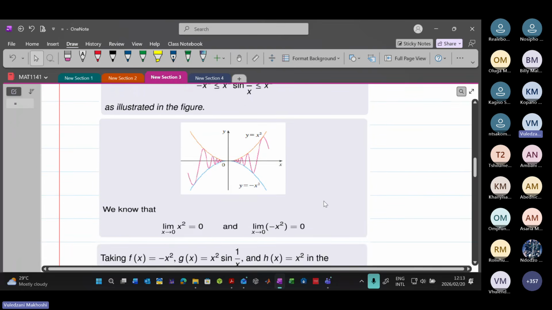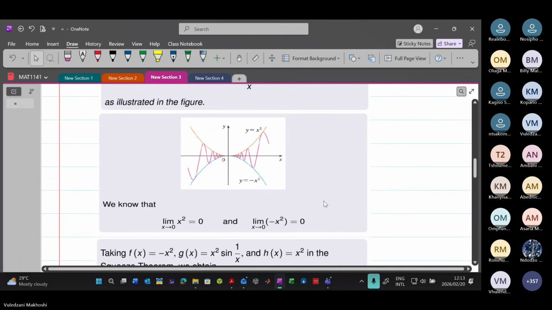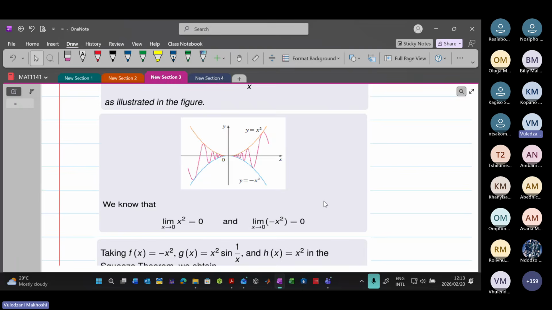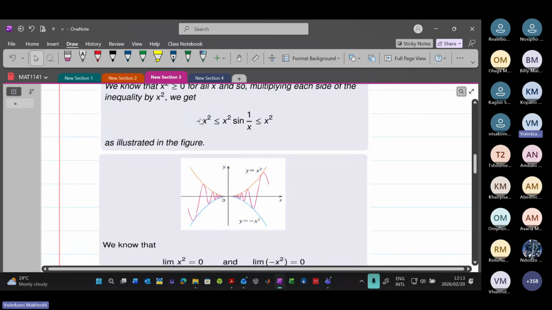After doing that, it is giving us this kind of a situation. In other words, we will talk of the limit of x squared as x approaches 0, and the limit of minus x squared as x approaches 0. This is just the graph of the function under consideration.